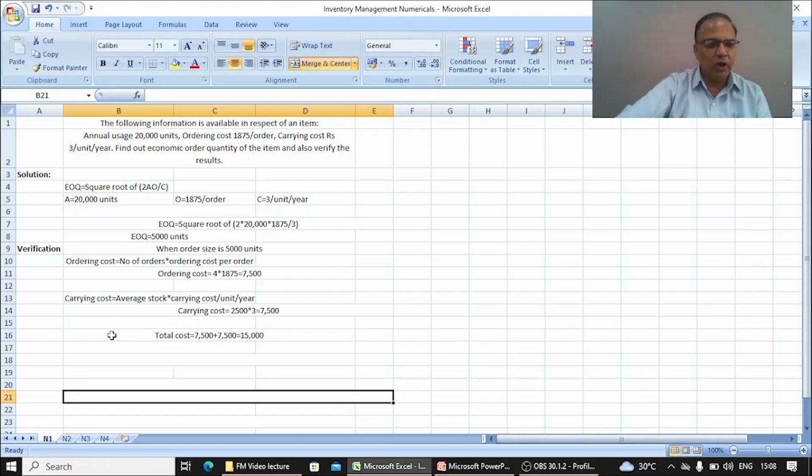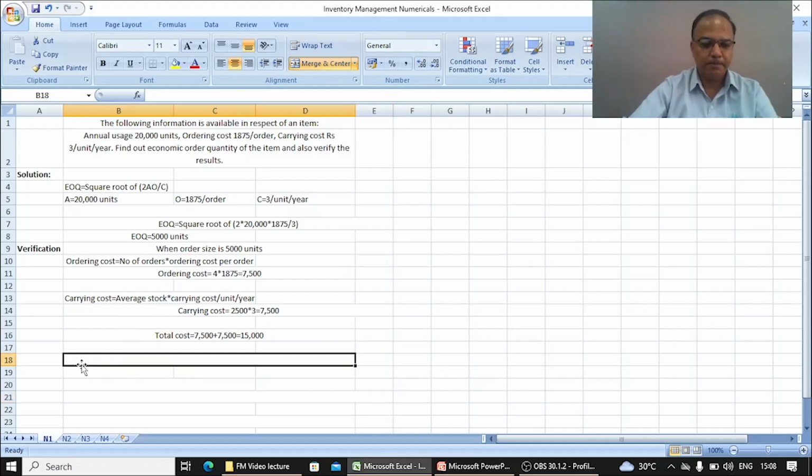Now because you have to verify that it is having minimum cost, let's try if order size is 10,000 units.